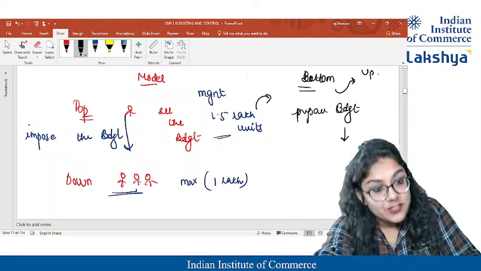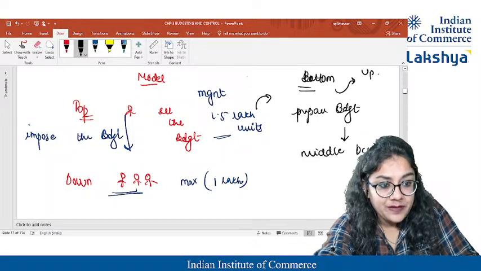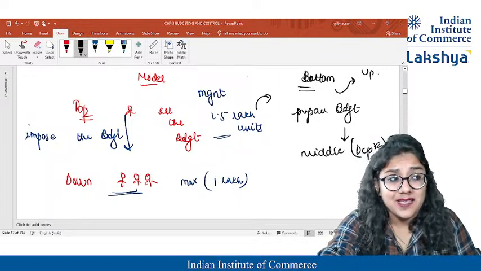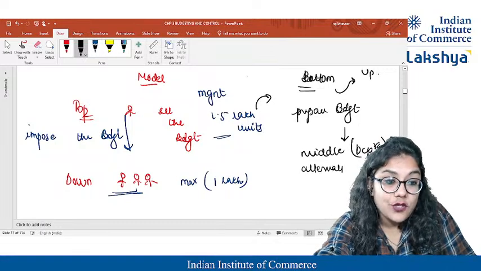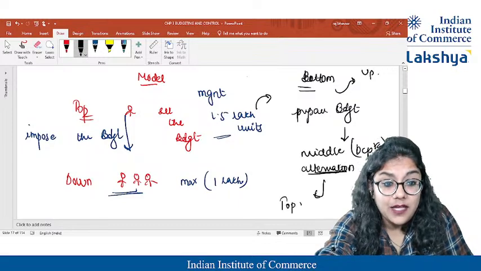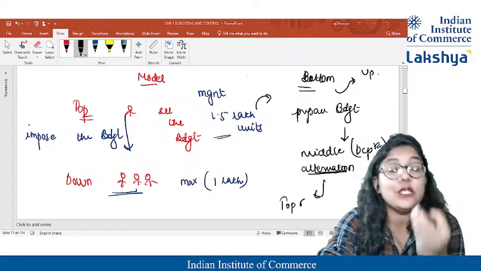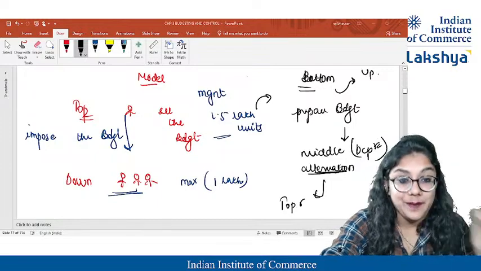They will give that budget to the middle level management, the departmental heads. The departmental heads will think: is the budget fine, or is there any need for alteration? If there are changes, they will make them and send it to the top management. The top management will check, and only if they are satisfied does it become the proper budget.